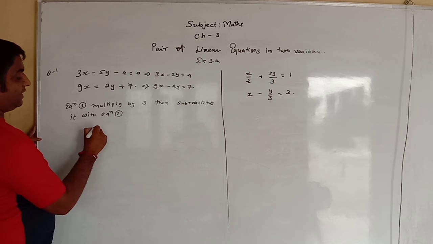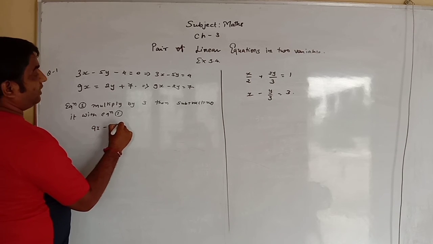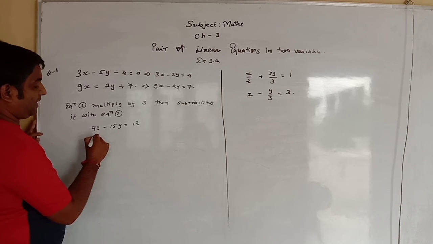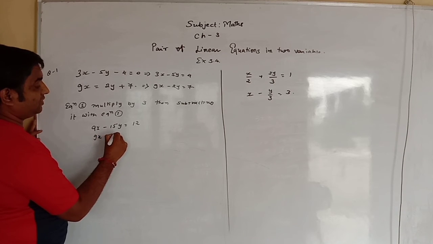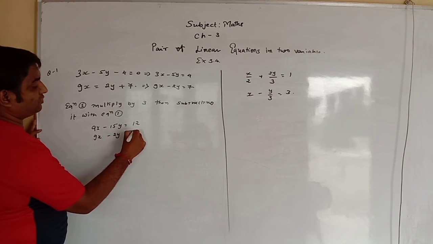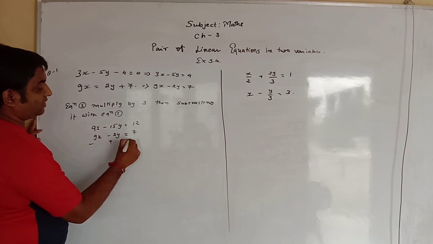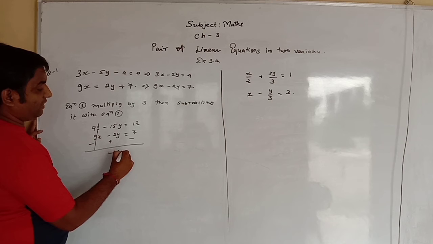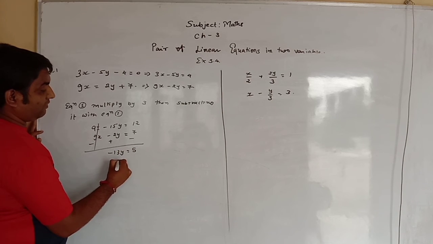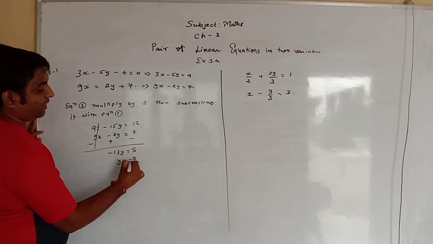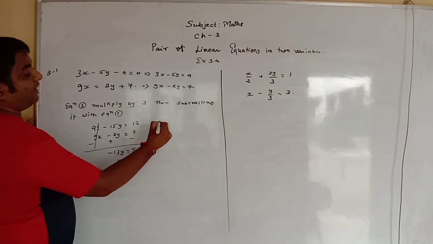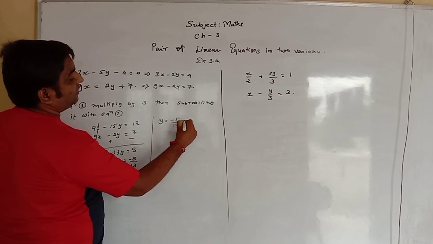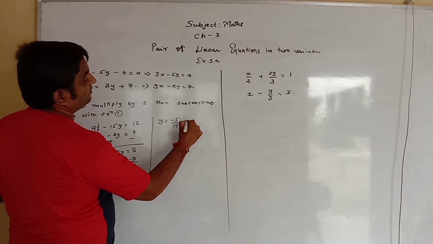So here we can write 9x minus 15y equals 12, and here 9x minus 2y equals 7. So minus, plus, minus, 9x cancels, minus 13y equals 5. So y equals minus 5 by 13.